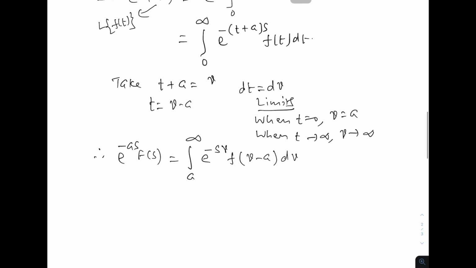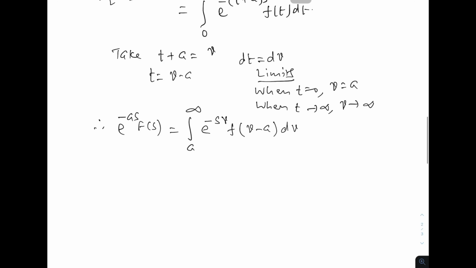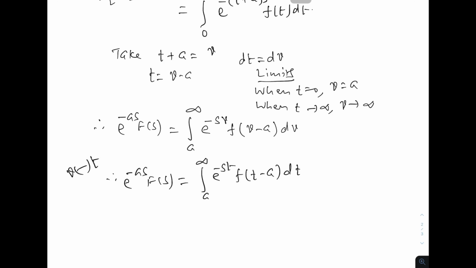And if you just again change the variable, you can just replace v by t, that is simple. e power minus as F(s) is integration a to infinity e power minus st f of t minus a dt.